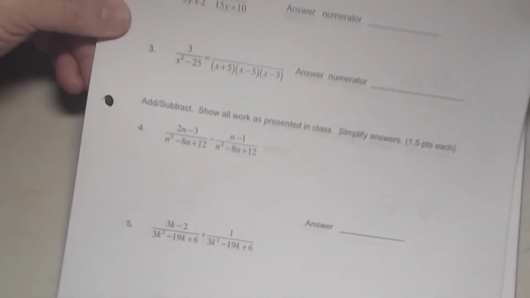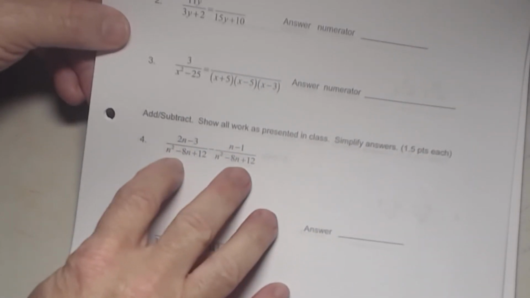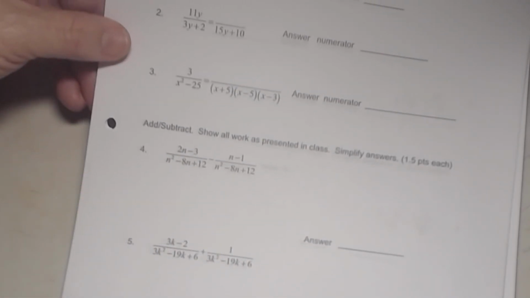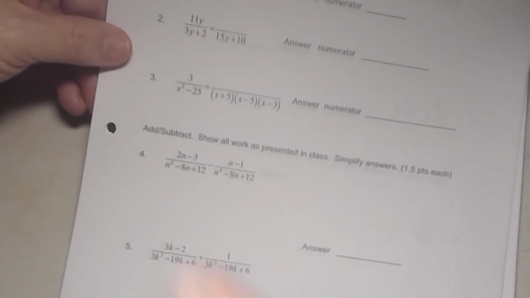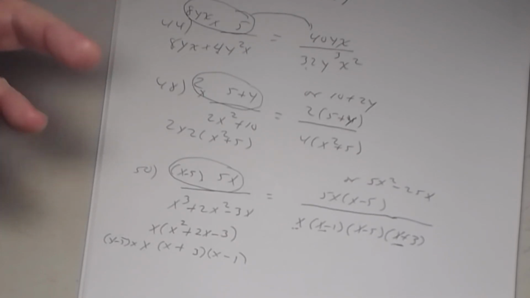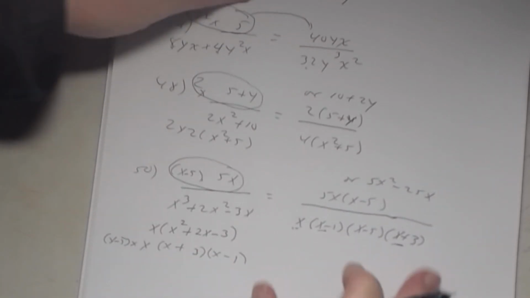And then what would you have to do to the denominator? The denominator stays. Let's do number 13.